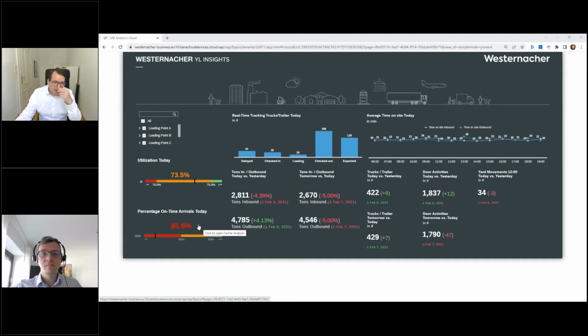Also in the system, there could be a workflow designed so that with this threshold exceeded, there could be a follow-up, tasks or sub-processes triggered directly in the workflow in the system. What you see here is, first of all, just the information of performance.